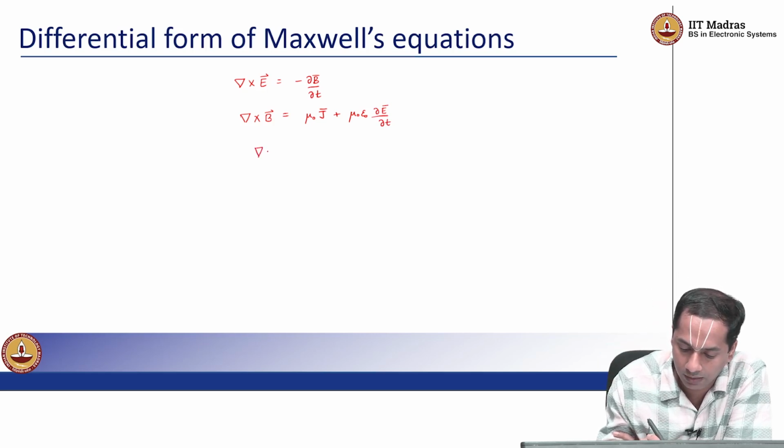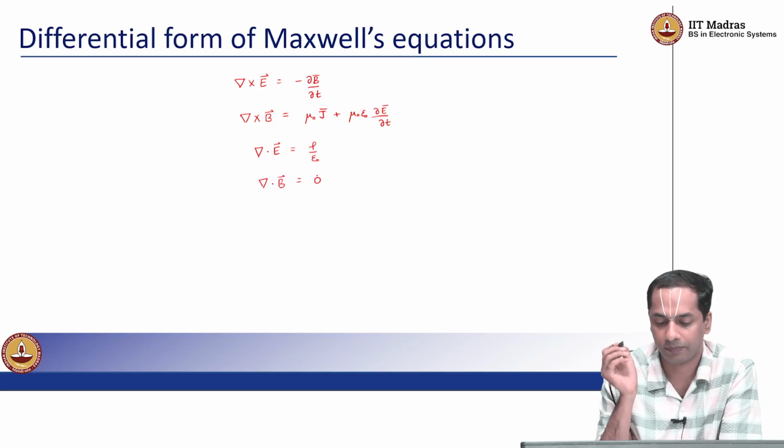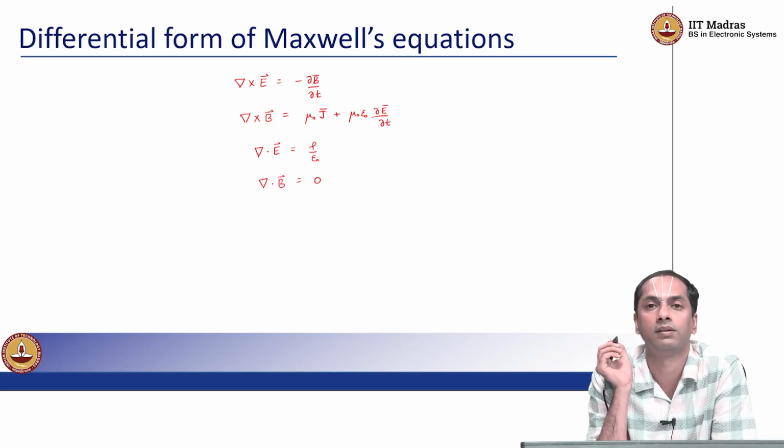Then we looked at the Gauss law for electric fields, and those gave us 2 divergence equations for E and B.